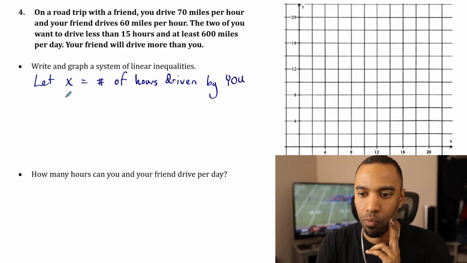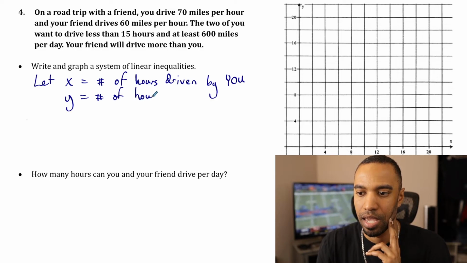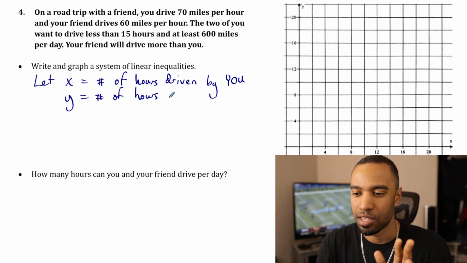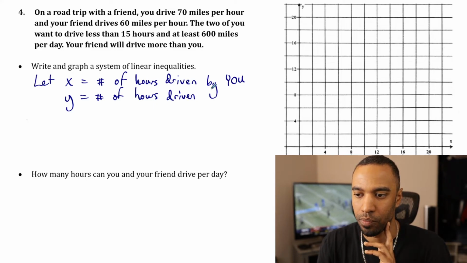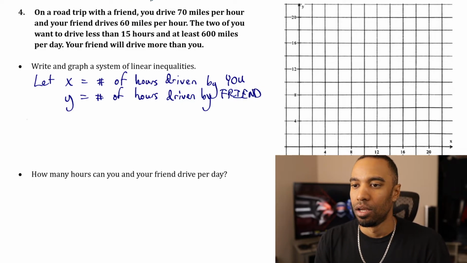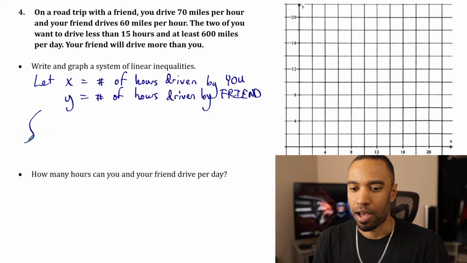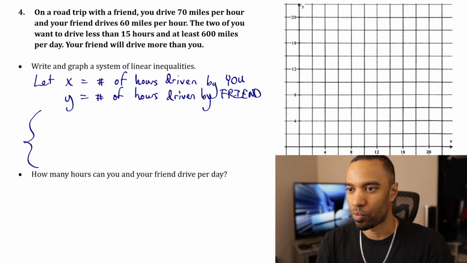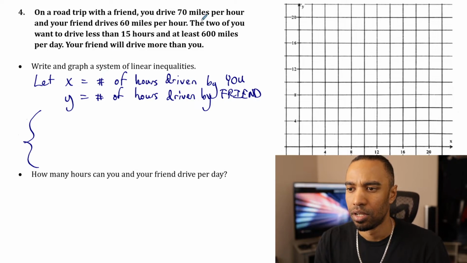And then let y equal the number of hours driven by your friend. And then what we're going to get from that is mileage when we need it, by friend. There we go. Okay, so let's go ahead and use the definitions and create some inequalities.